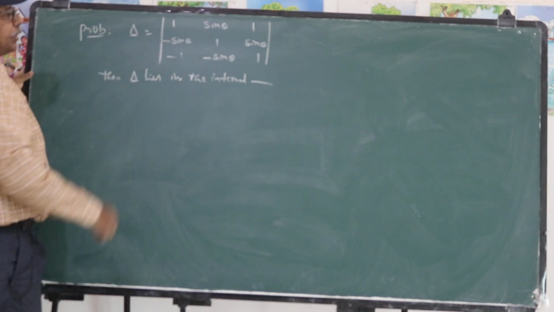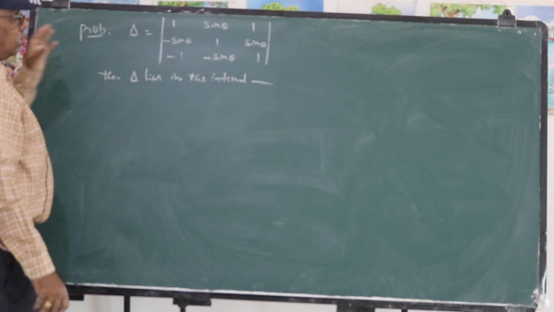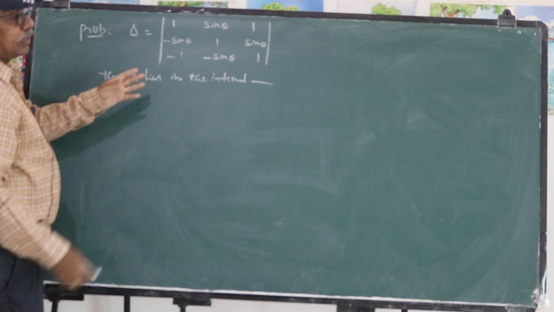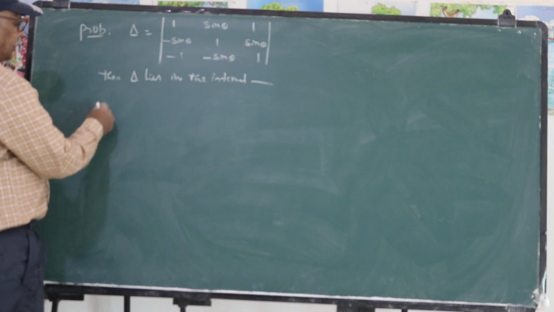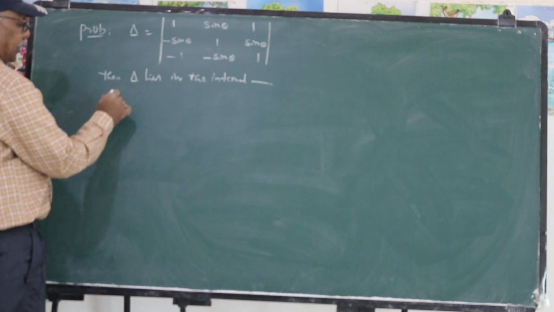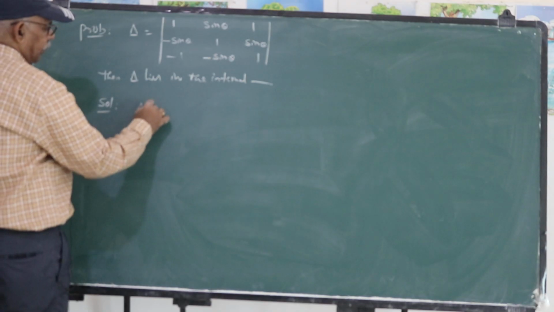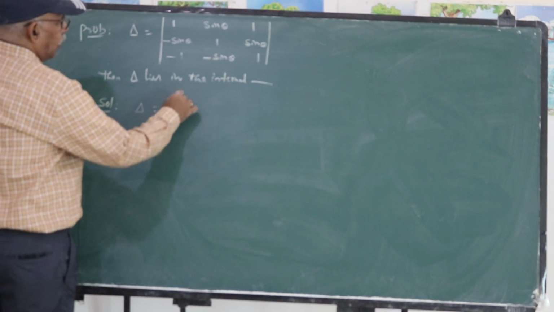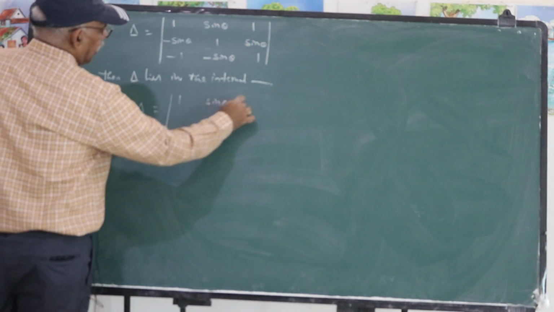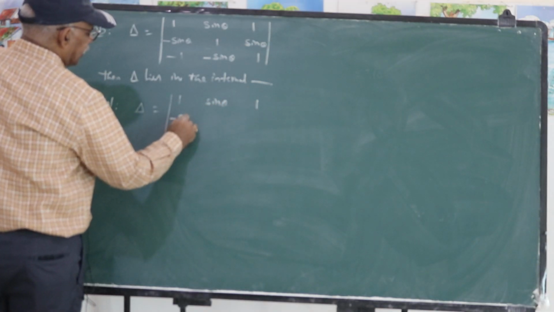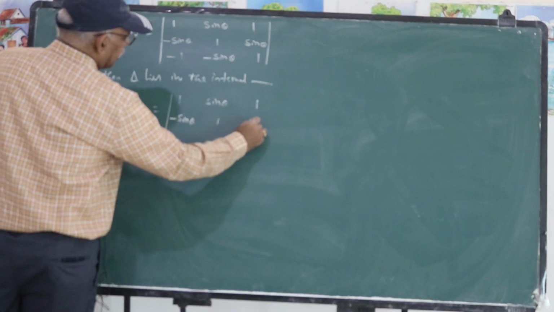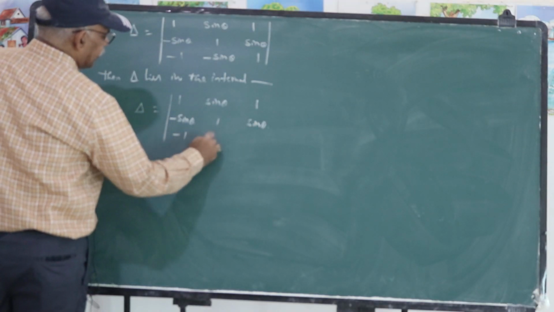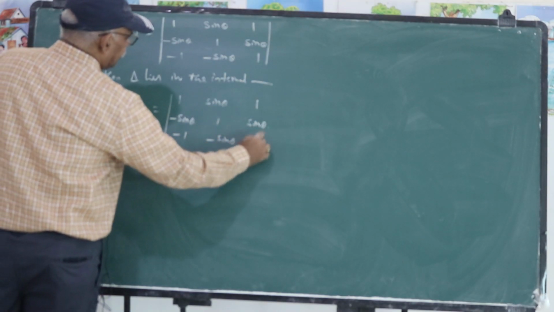Once you evaluate the determinant delta, you find the interval in which delta lies. For that, evaluate the determinant at first. Delta equals 1, sin theta, 1; minus sin theta, 1, sin theta; minus 1, minus sin theta, 1.